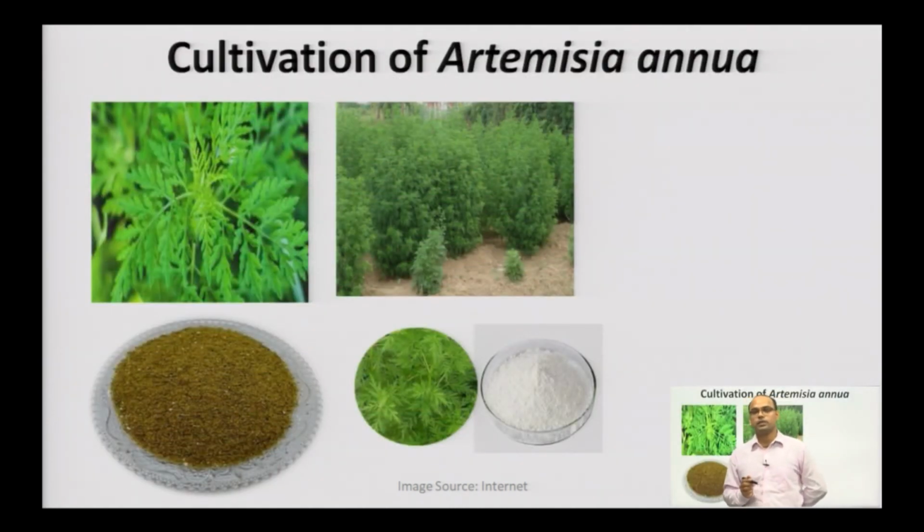These are the pictures of the plant from which we have to isolate our phytoconstituent Artemisinin. This is the leaf of the plant. It's a compound leaf. If you see its cultivation in the fields, it is cultivated like this, and from these leaves we isolate our phytoconstituent Artemisinin.